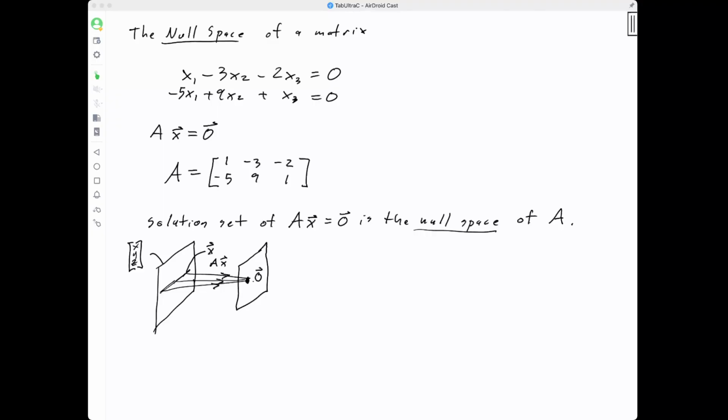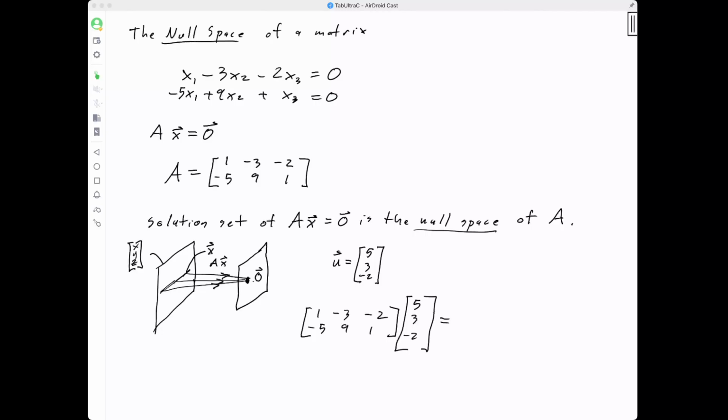And so we can look at an example. Suppose U is equal to 5, 3, negative 2. Then A times U is the matrix with rows 1, negative 3, negative 2 and negative 5, 9, 1, times the vector 5, 3, negative 2.